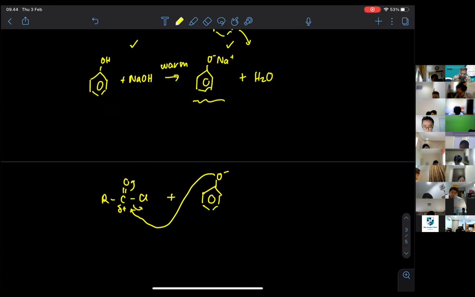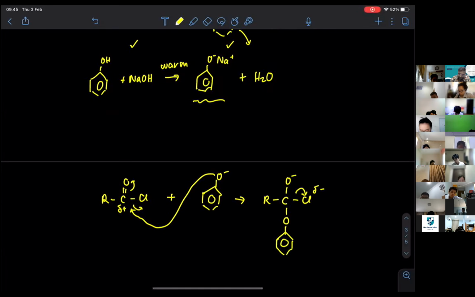So you are going to have RC, O minus, and then Cl still. Once they attack, you get this oxygen, which is positive, with the carbon and hydrogen over there.